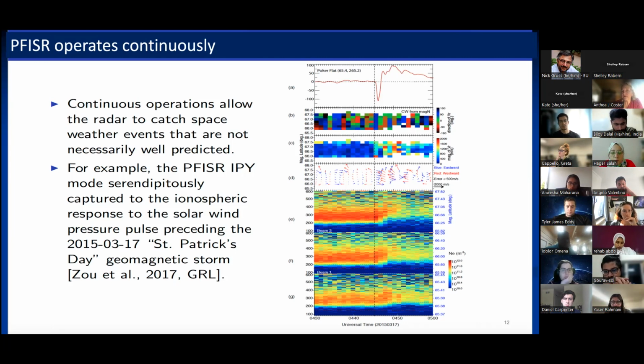One of the huge advantages of operating continuously is that you can capture things that you weren't even planning to capture. And they're able to do it because it's a solid state array, and it's much cheaper to run continuously than, say, at Millstone, where we have a steerable dish.